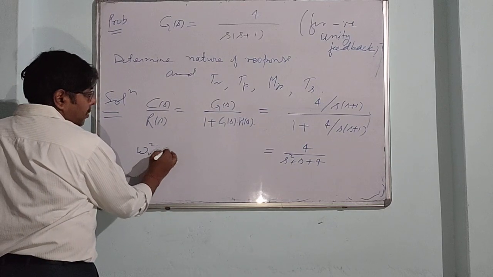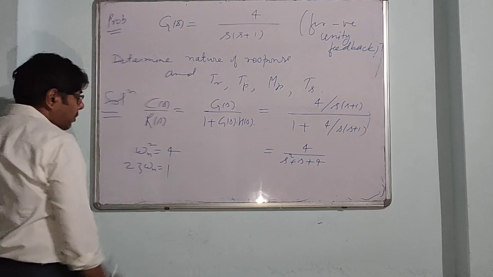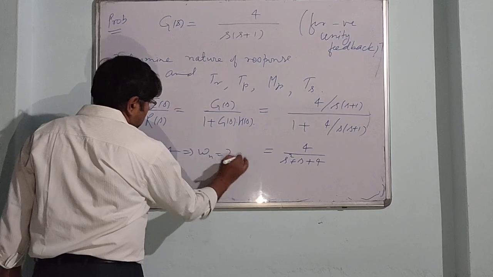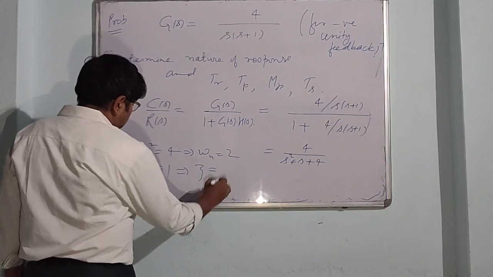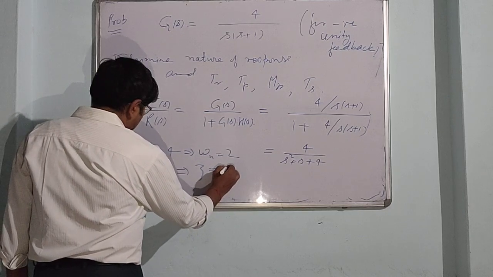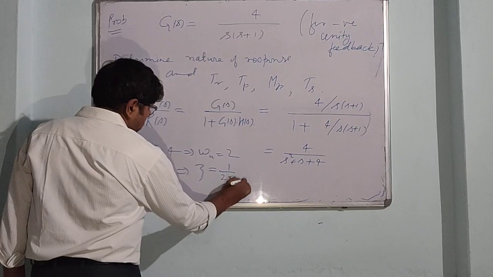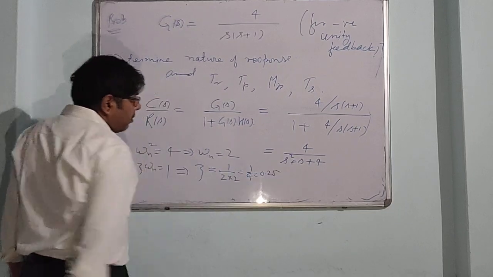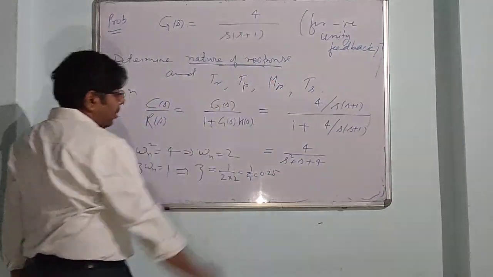Comparing, we will have omega n square is 4 and twice zeta omega n equals 1. So from here the natural frequency is 2 and the value of damping factor is 1 upon twice omega n, that is 2, so 1 upon 4, that is 0.25. So what is the nature of response? The value of zeta will decide the nature of response.